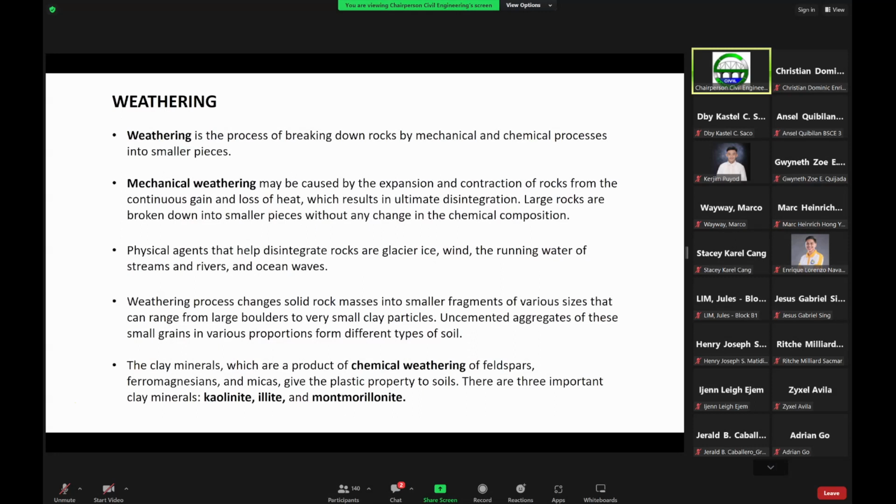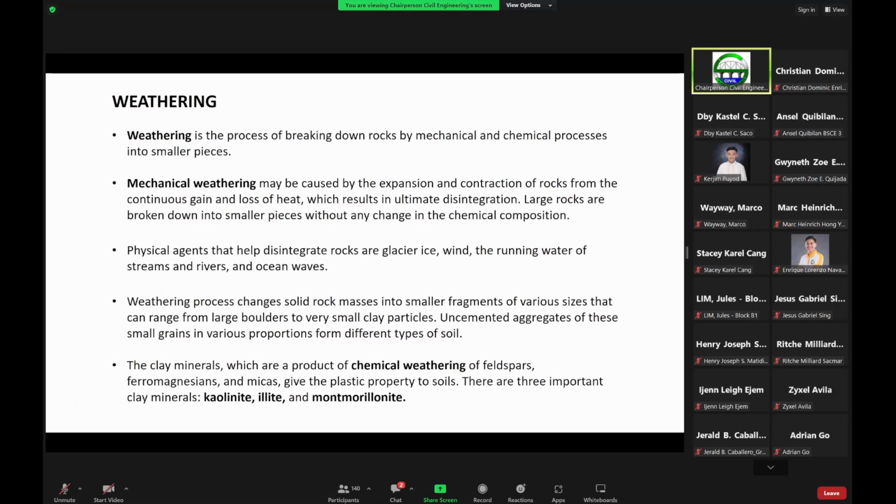So large rocks are broken down into smaller pieces without any change in the chemical composition. Physical agents that help disintegrate rocks are glacier ice, wind, the running water of streams and rivers, as well as the ocean waves.